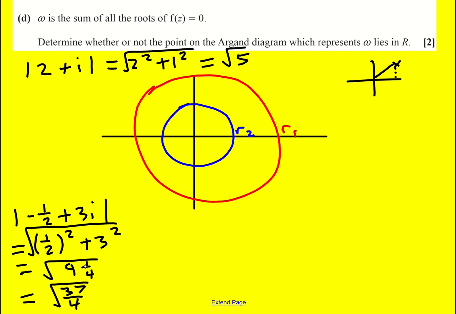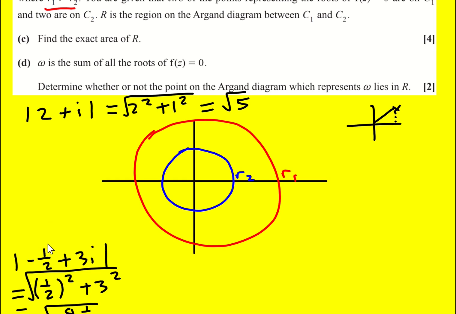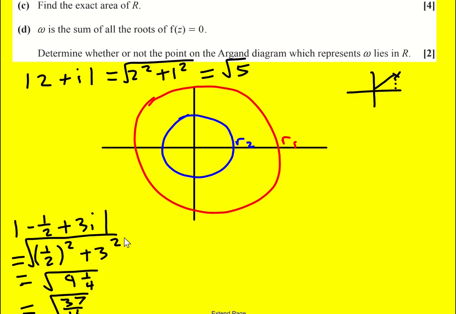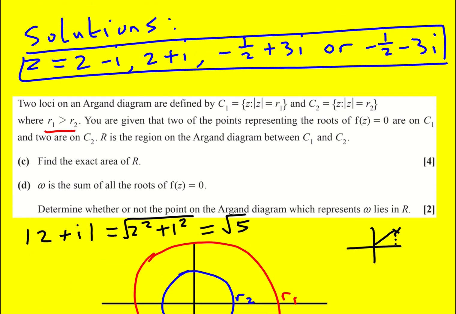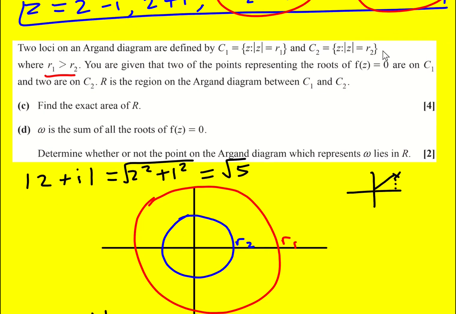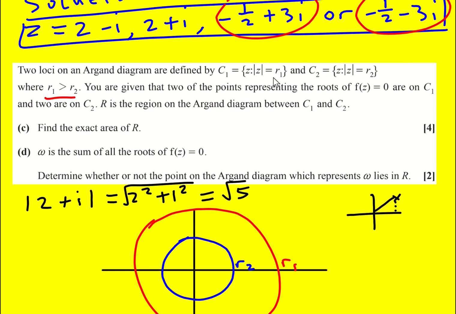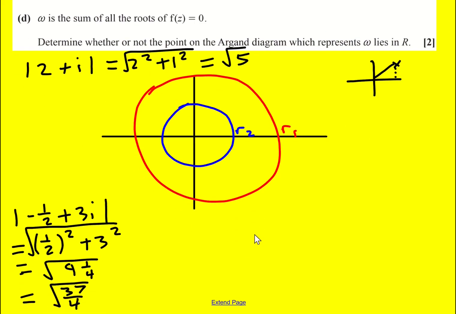To be fair, it's probably easiest to leave it as a mixed number, but I can see that this one is bigger. So these two complex numbers are going to be on the outer circle, and the other two are going to be on the inner circle. But what we've just shown is that root 5 is going to be R2, the radius of the smaller circle, and this here is going to be the radius of the bigger circle.